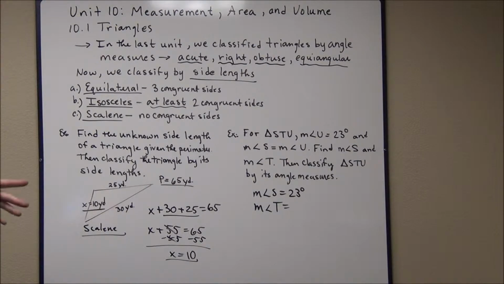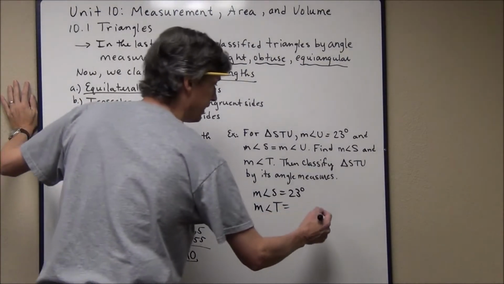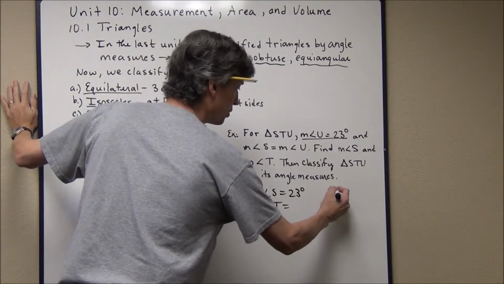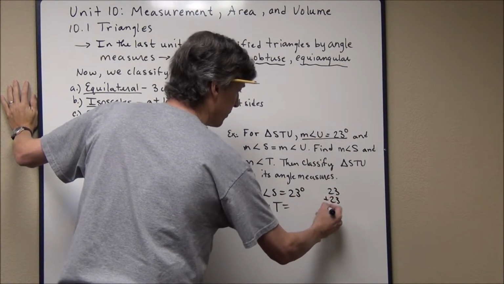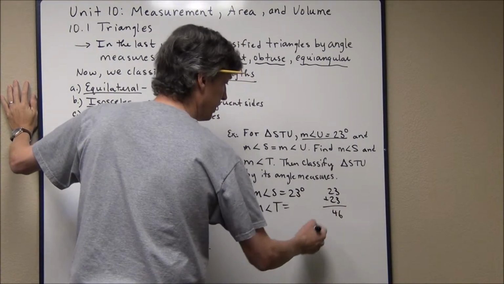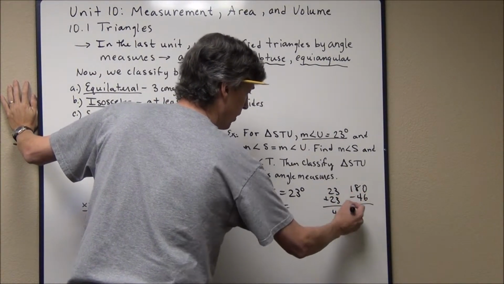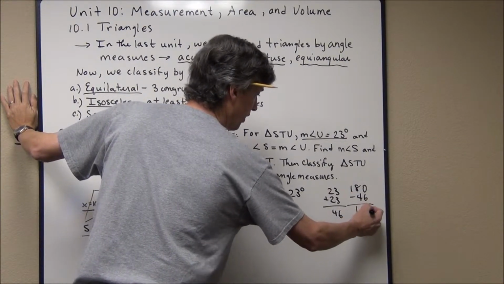Well, remember, all three angles have to add up to 180, so I have two of them. I have this one here and I have this one here. So that's 23 and 23, which adds up to 46 degrees. Then I subtract from 180. 46 from 180 gives me 134.